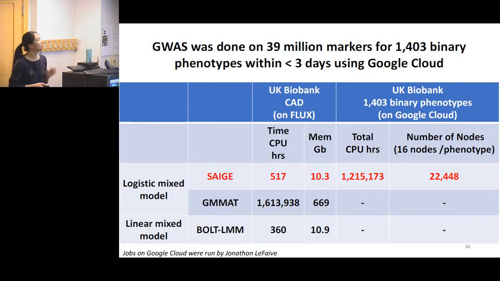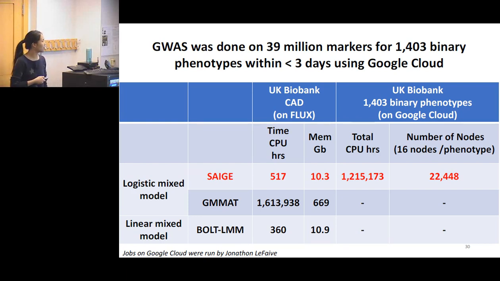We have performed GWAS on basically 39 million markers, including some other markers, since you can use different minor allele counts to decide which markers you want to test, and over 1,400 binary phenotypes in UK Biobank. We used Google Cloud to perform this, and we finished these jobs within 3 days.